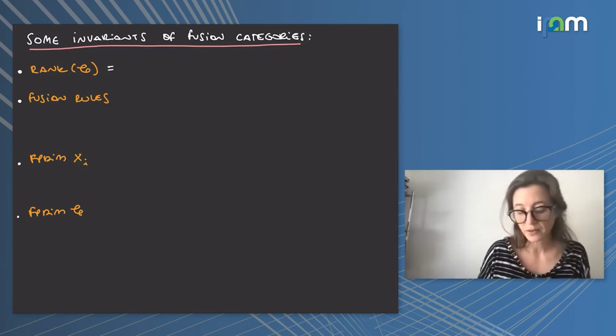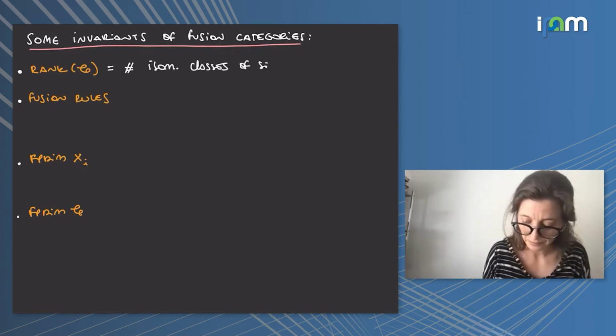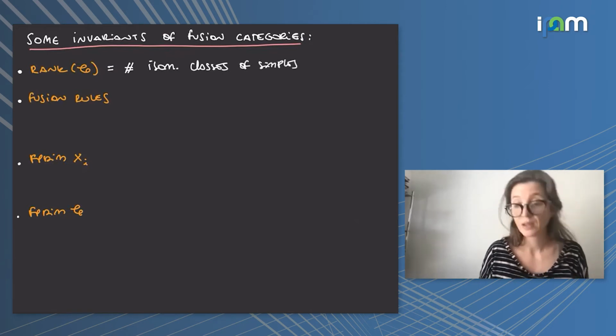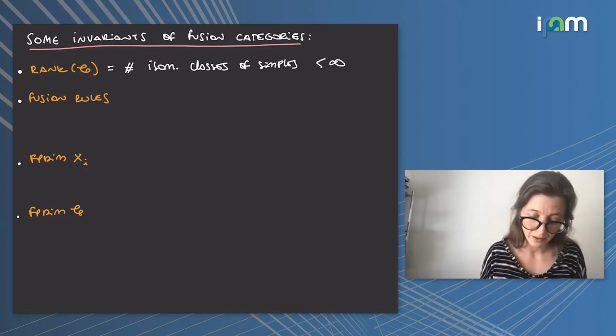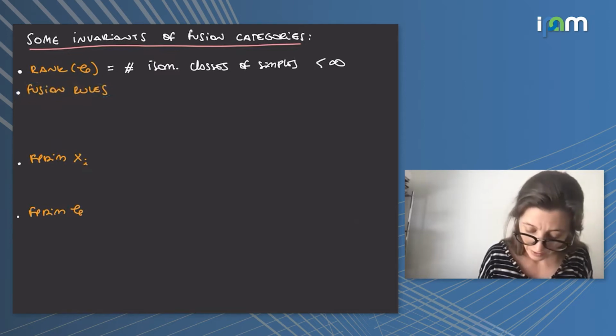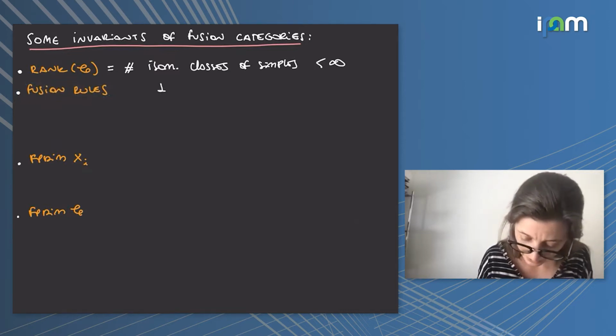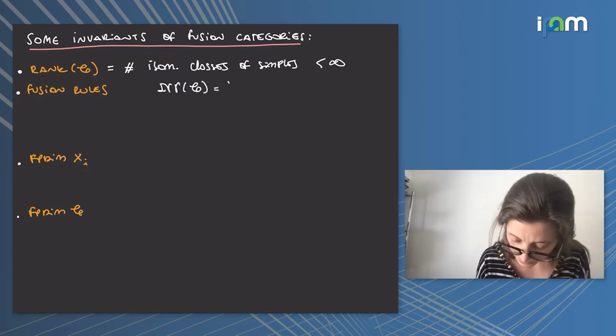The rank is just the number of isomorphism classes of simples. And as we mentioned before, this is a finite number because my category is finite. And actually I will write here, just for convenience, that the set of simple objects up to isomorphism will be denoted by Irr(C).